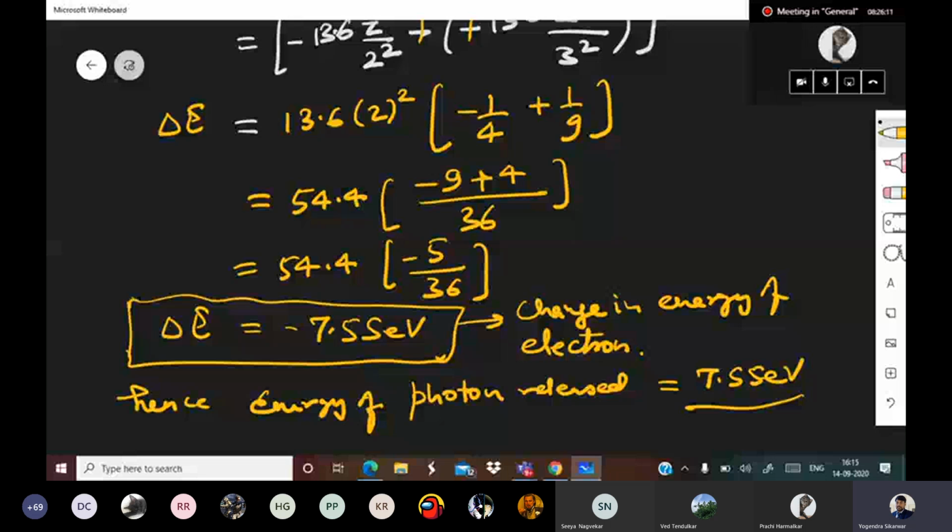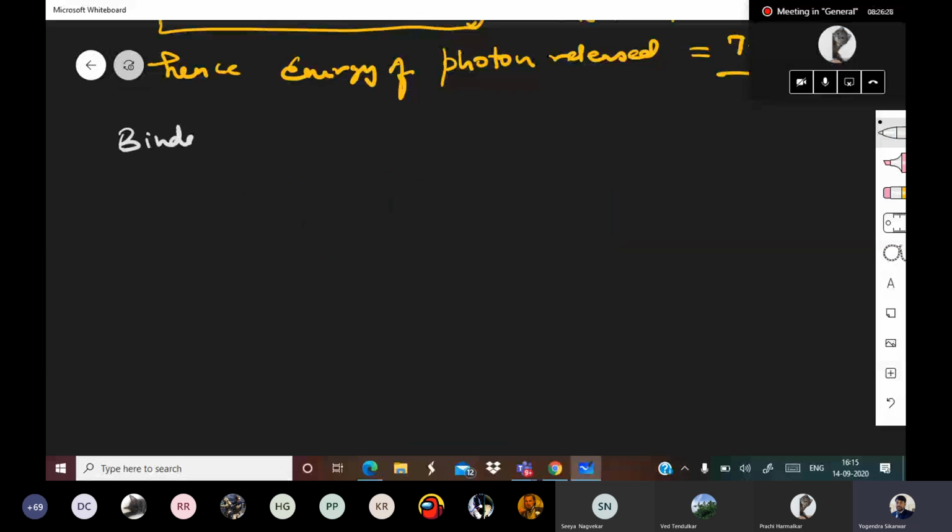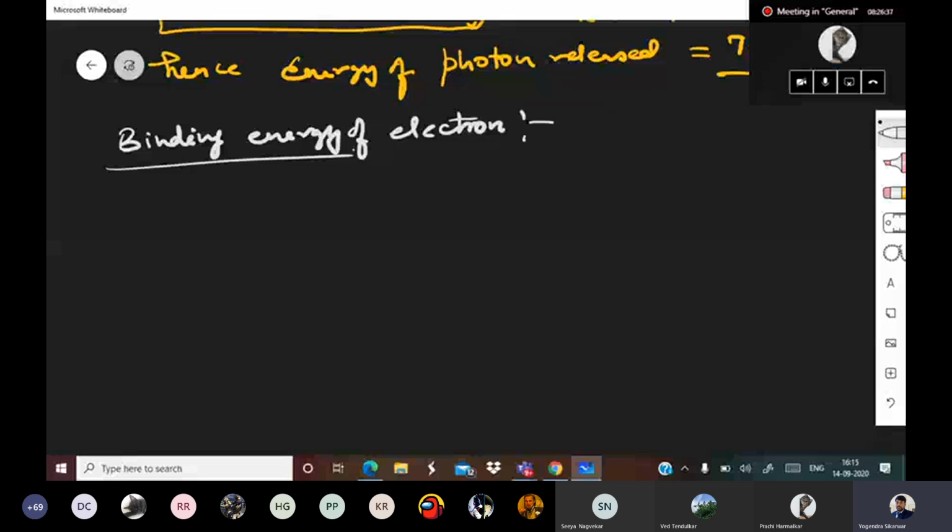Now there is something called binding energy of electron. So what exactly is binding energy of electron? Try to understand.